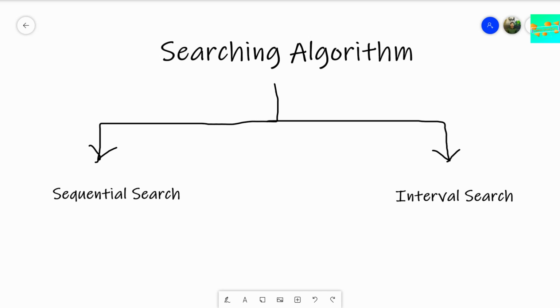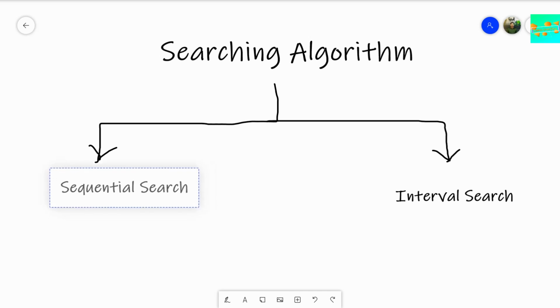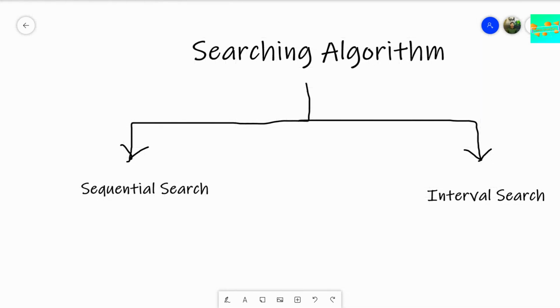Binary search algorithms are designed for searching in a sorted data structure or array. But in sequential search, we traverse the whole array or list sequentially, check every element, and then figure out whether a search element is there or not. That's the exact difference between both techniques. I have discussed interval search, that is binary search, in another video. In this video we'll talk about sequential search.